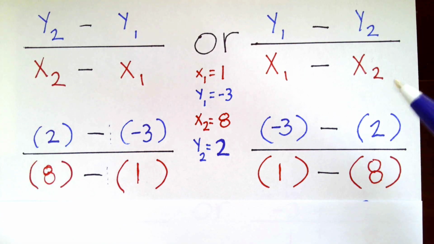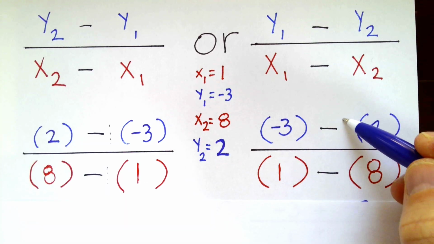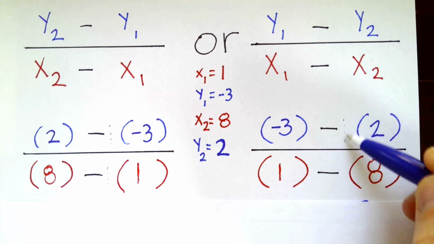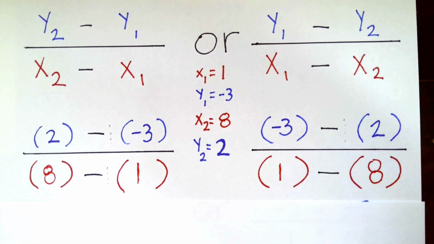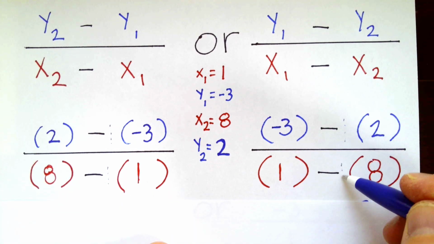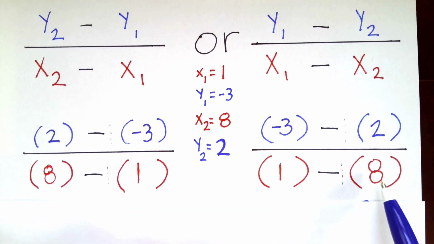Okay, you're going to do the same thing over here with this formula. A negative 1 times a positive 2 is a negative 2. And this negative invisible 1 times a positive 8 is a negative 8.